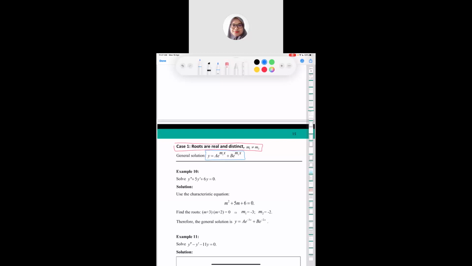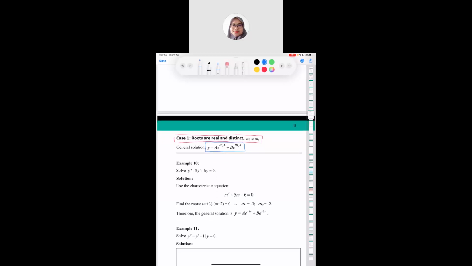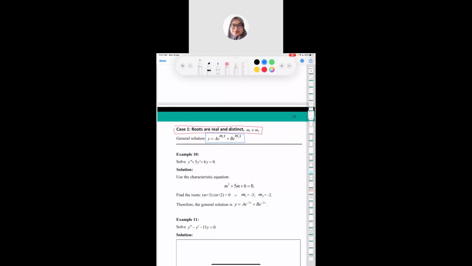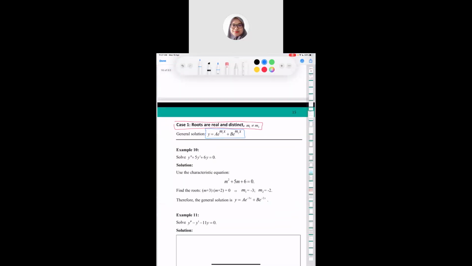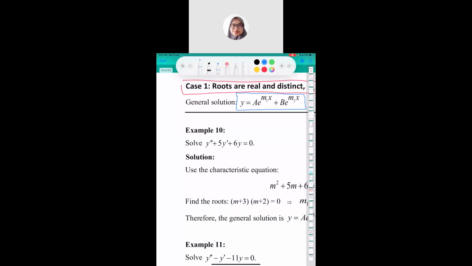Okay, so kita tengok contoh. Example 10, solve y double prime plus 5y prime plus 6y equal to 0. So example 10 ni suruh you solve the equation.